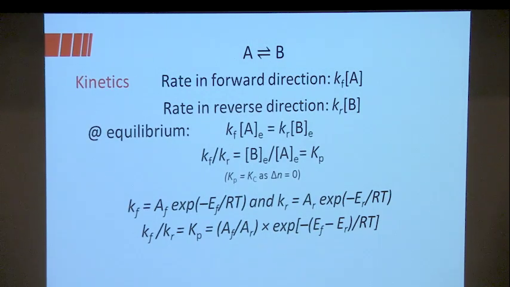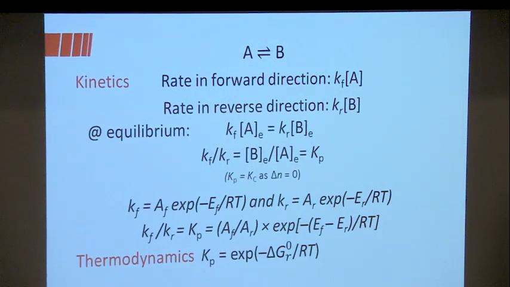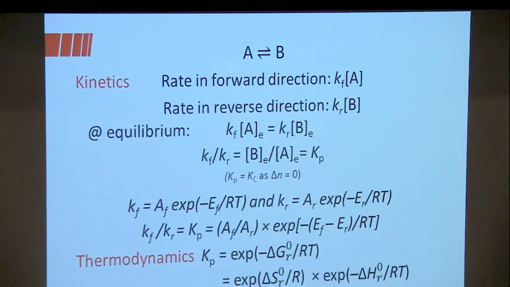But what about thermodynamics? From thermodynamics, we know that Kp is equal to the exponent of minus delta G over RT. And so that's equal to the exponent of delta S over R times the exponent of minus delta H over RT. Everybody happy with that?